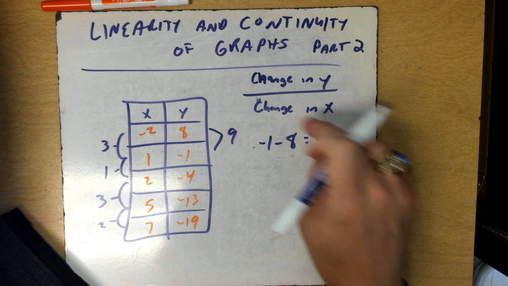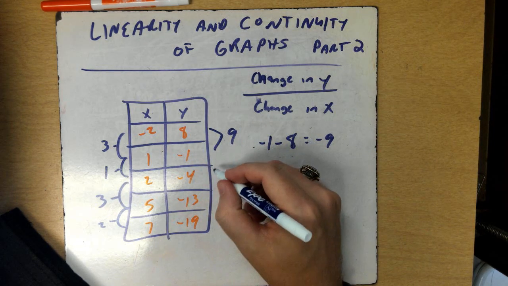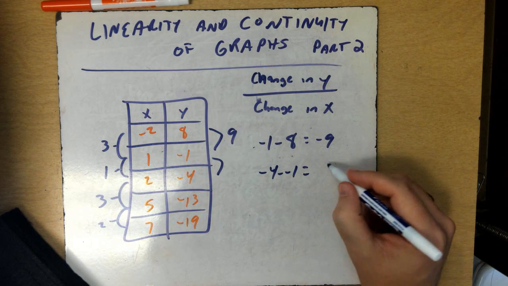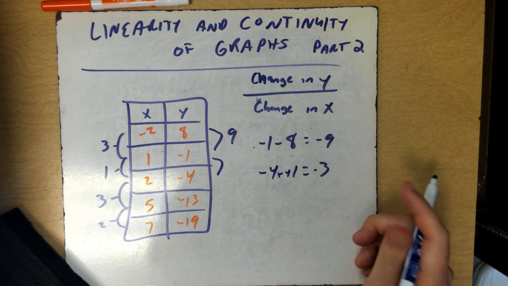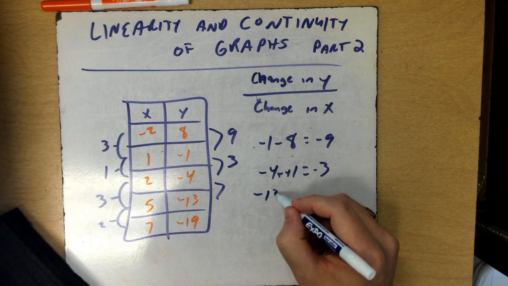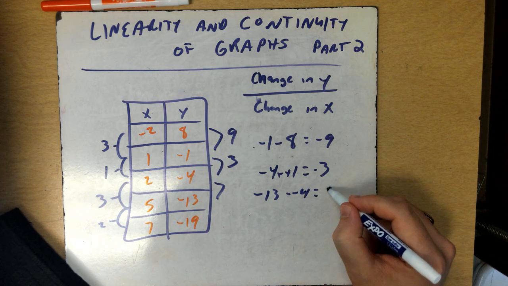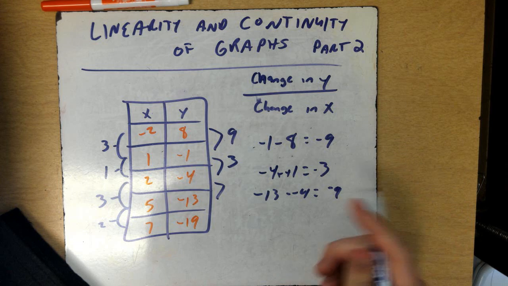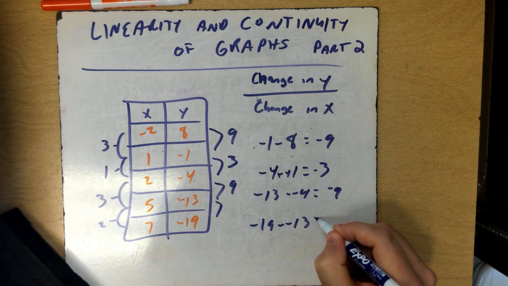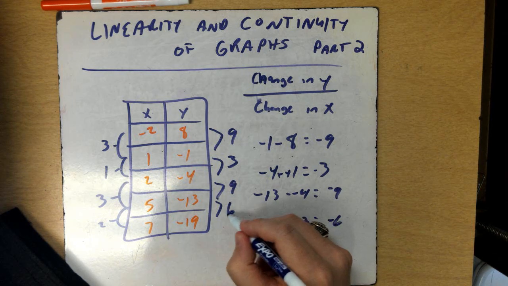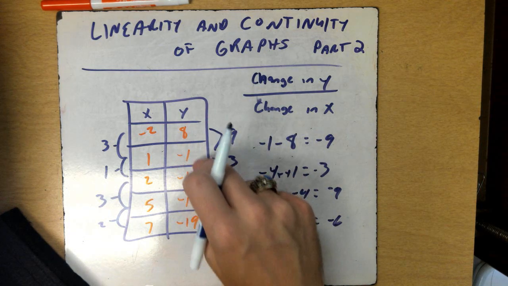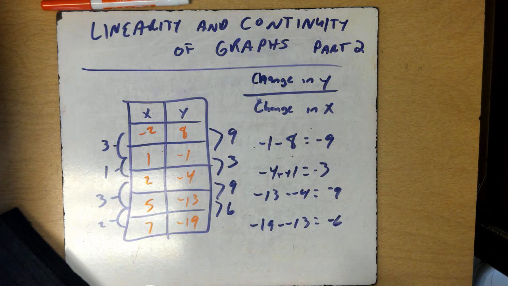Then -4 minus -1 equals -3, so the difference is 3. -13 minus -4 equals -9, which would just be 9. And the last one, -19 minus -13 is -6, which would just be 6. I just subtracted each of these numbers from each other to find the difference.